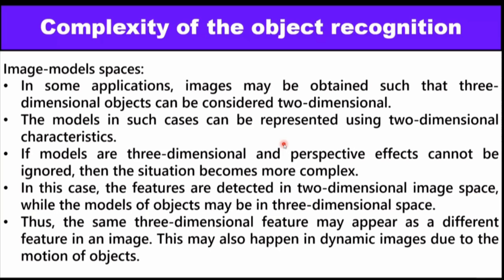We need to resolve these cases, especially as and when they happen. So a 3D view is definitely preferable, but again it increases delay in the recognition process. So dynamic images, that is, where the object is in motion, will create such problems.